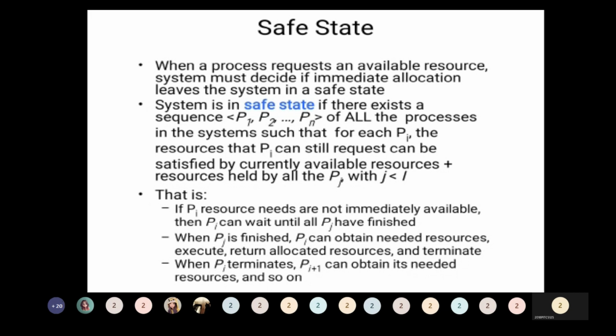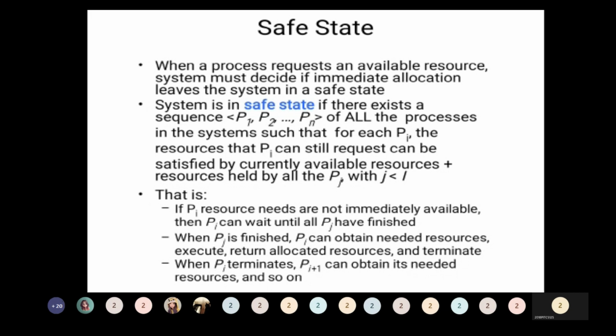That is, if Pi's resource needs are not immediately available, then Pi can wait until all Pj have finished. When Pj is finished, Pi can obtain needed resources, execute, return allocated resources, and terminate.